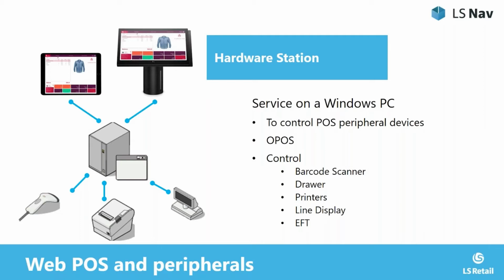This is a Windows service on a PC. And to this PC you have the peripherals or devices connected like barcode scanner, drawers, printer, line display, and EFT. In this case, for example, you have a customer that has old hardware, wants to upgrade the system but does not want to upgrade the hardware.